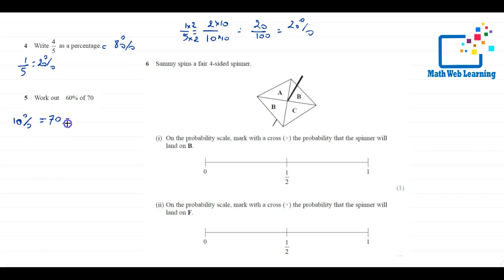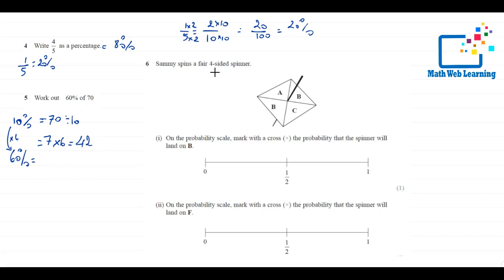You do 70 divided by 10, and that answer is 7. Now, to get to 60%, you multiply by 6, so you multiply by 6 here, and the answer is 42.